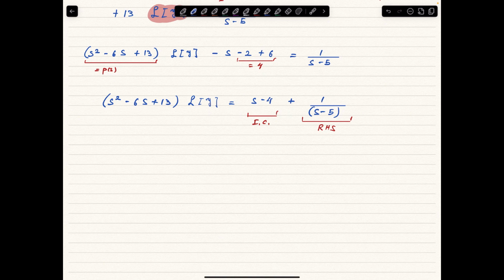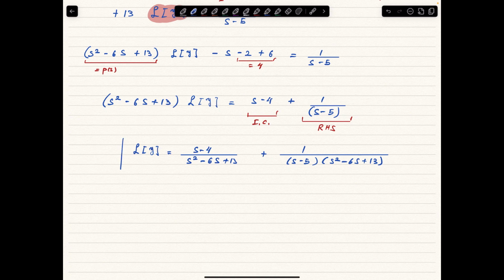And now the Laplace transform of y is s minus 4 divided by the characteristic polynomial s squared minus 6s plus 13, and here we have the same, but now we have two factors, s minus 5 multiplied by s squared minus 6s plus 13.